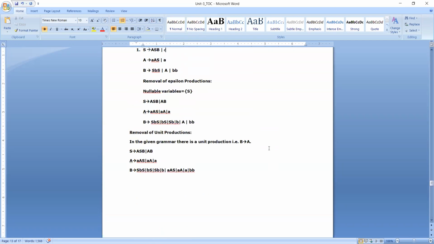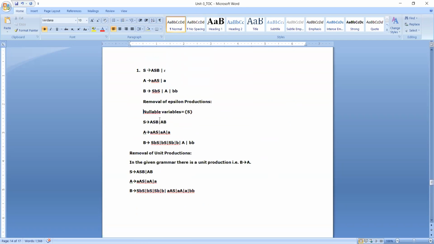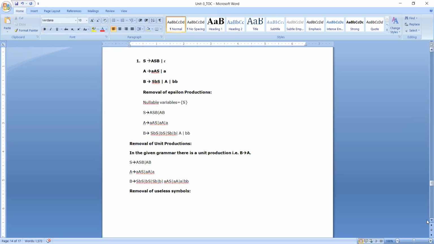So far what we did here, see here, we have removed the null productions from the grammar, and we have removed the unit productions also. Now we need to do the removal of useless symbols. If I want to remove the useless symbols, first of all I should know what the variables are which are generating.